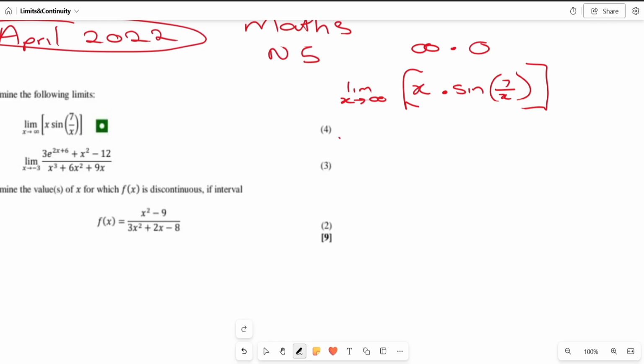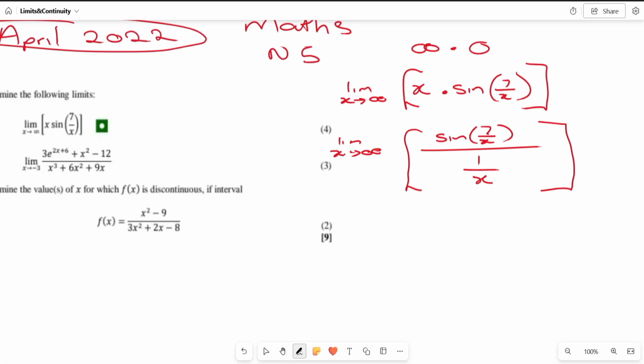Okay, so let's do that. So lim x approaches infinity of sine 7 over x, but then we have to divide this by 1 over x. Remember, dividing by a very small number is the same as multiplying by a very big number.